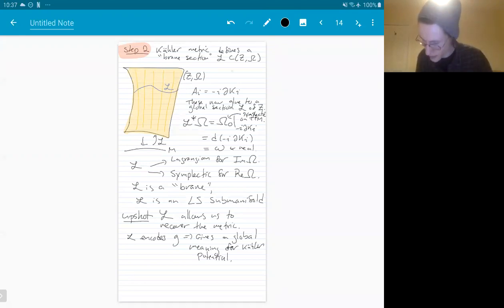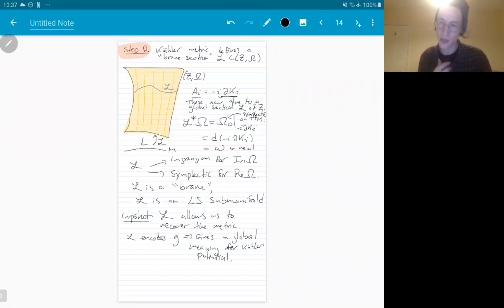So what I'm saying is that L is built up by these local pieces, which are the graphs of dki, where ki is the Kähler potential. So if we pull back omega by L, locally at least, it looks like we're pulling back the canonical symplectic form on the cotangent bundle by AI, which is the graph of dki.